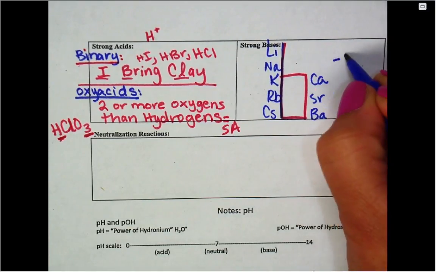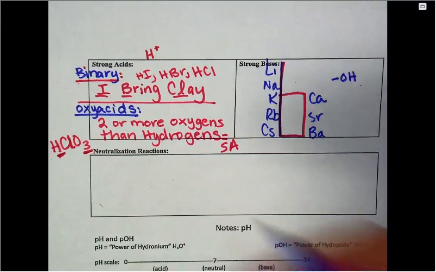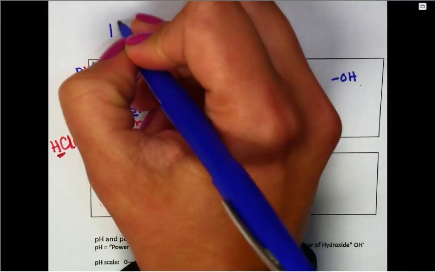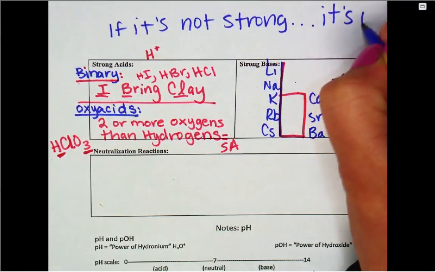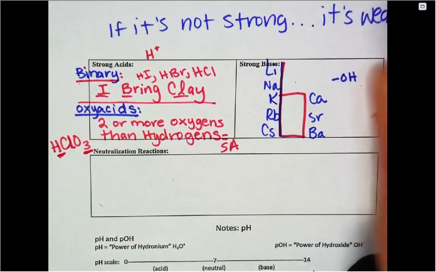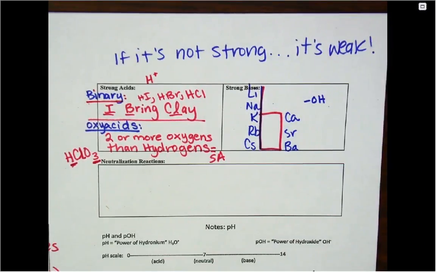Any of those attached to an OH were our strong bases. And our general rule with all of these is that if it's not strong, it's weak. Right? That was the general rule. So as long as you know what your strong ones are, if it's not on that little VIP list, then it's going to be a weak acid or base.